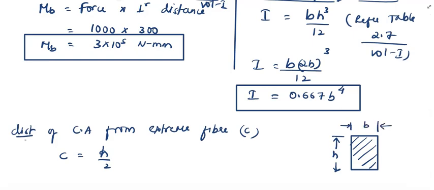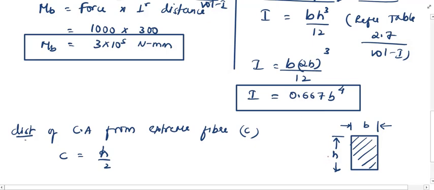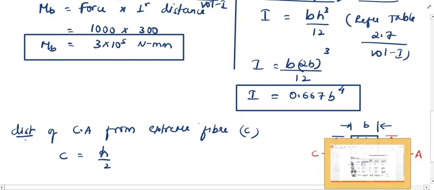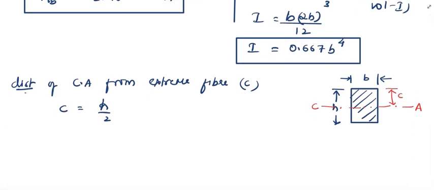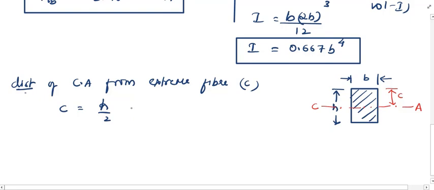If I take the central axis which is passing through h, the distance from the extreme fiber is c, and this is my central axis CA. So C can be written as h by 2, but we know the condition h is equal to 2b, so 2b by 2, the 2 cancels, leaving c equal to b.